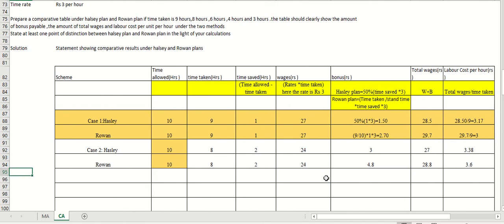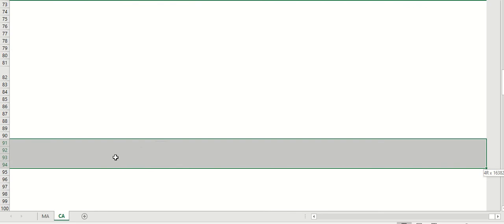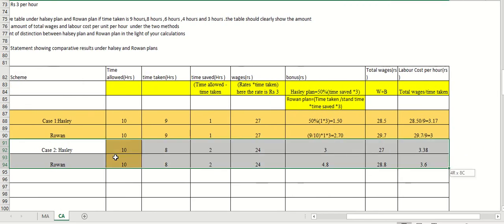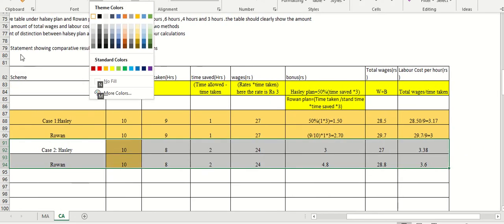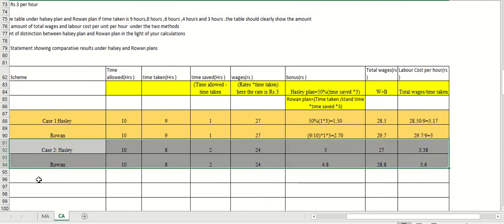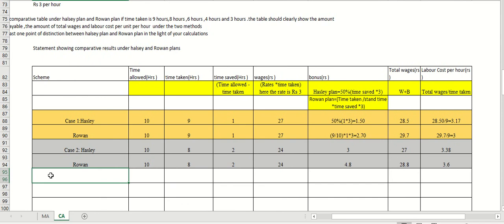In the same way we will calculate for the third case, when your time allowed is 10, and under your Rowan method you have again 10.